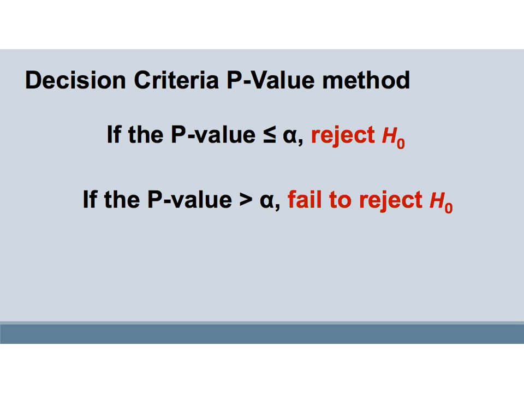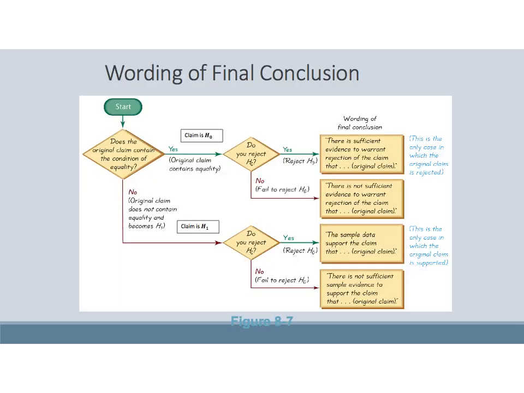If the p-value is greater than alpha, we fail to reject the null. And then we use this flowchart to help us interpret that decision. So the way this flowchart works, I'm going to go back to highlighter.